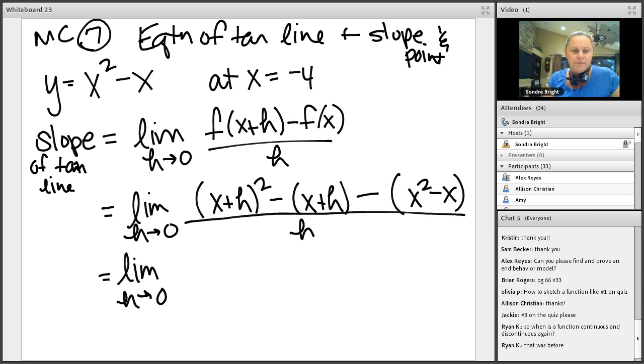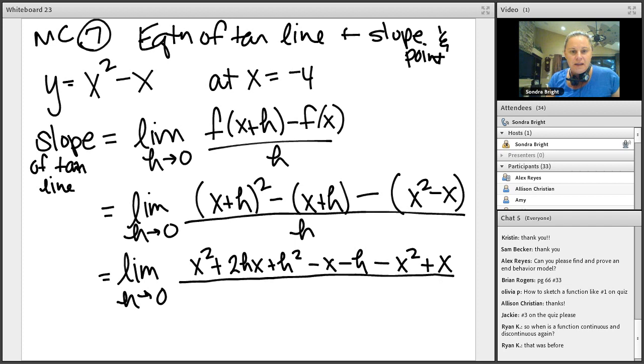It works either way. So this is x squared plus 2hx plus h squared minus x minus h minus x squared plus x all over h, because I distributed this minus sign to both and I distributed this minus sign to both.